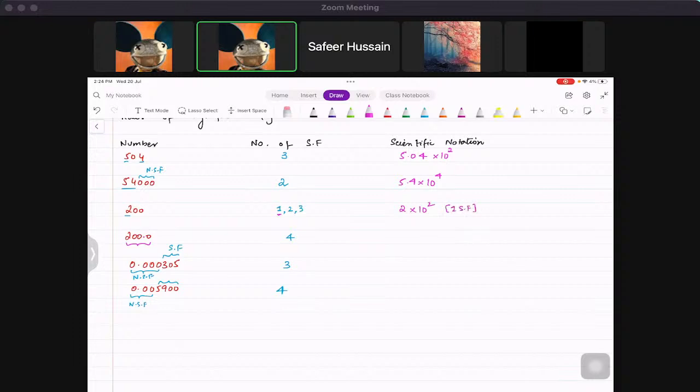That's why I ignored 2 zeros. The last one, because there are 4 significant, we're going to write 2.000 times 10 raised to power 2. This one we're going to write 3.05 times 10 raised to power minus 4, and this one we're going to write 5.900 times 10 raised to power minus 3. Is it clear?